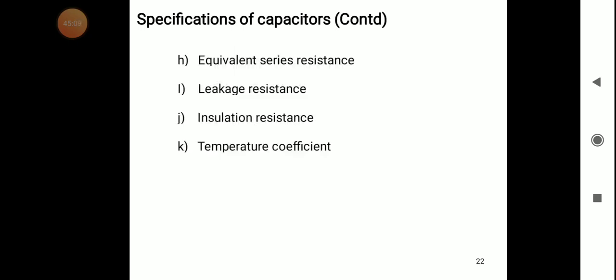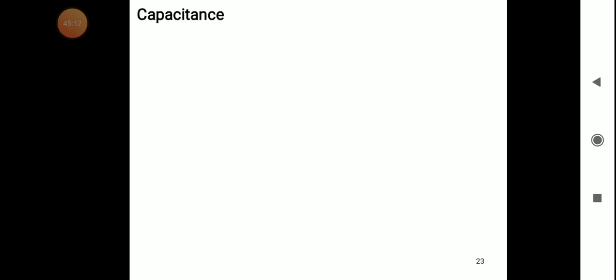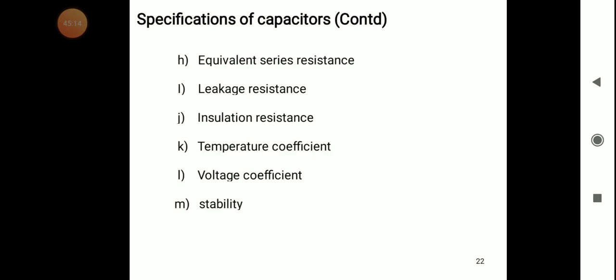The remaining is equivalent series resistance when you connect the component, and leakage resistance, how much it is leaking, and insulation resistance, temperature coefficient, voltage coefficient, and stability of the capacitor.